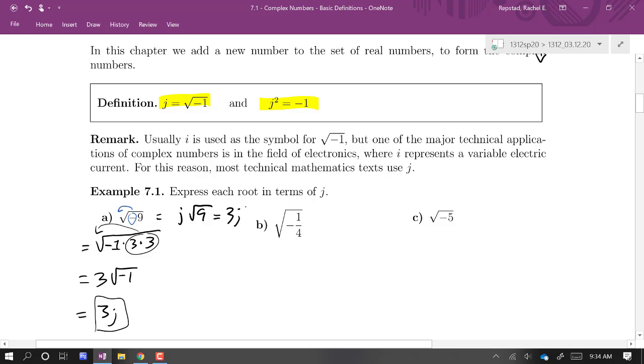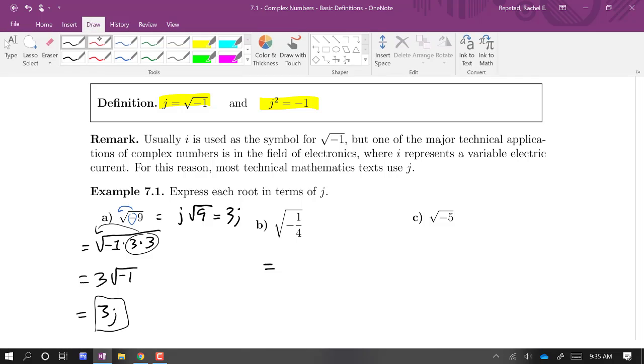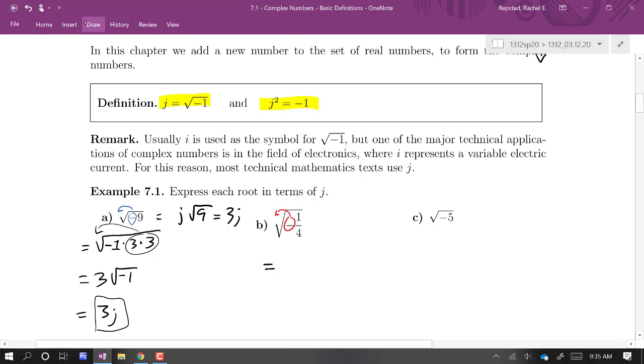So what should we get for the square root of -1/4? If we pull out the j, we get j times the square root of 1/4. What's the square root of 1/4?